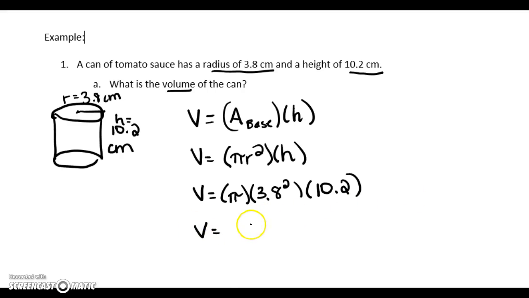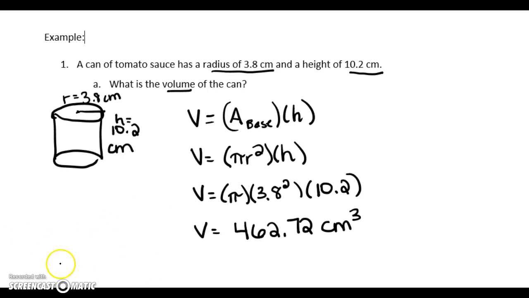So once you put that in there, you would find that this can has a volume of 462.72 centimeters cubed. So remember here we have our units of centimeters, so our units would be cubed for volume. This is also a word problem, so make sure you answer it with a sentence.